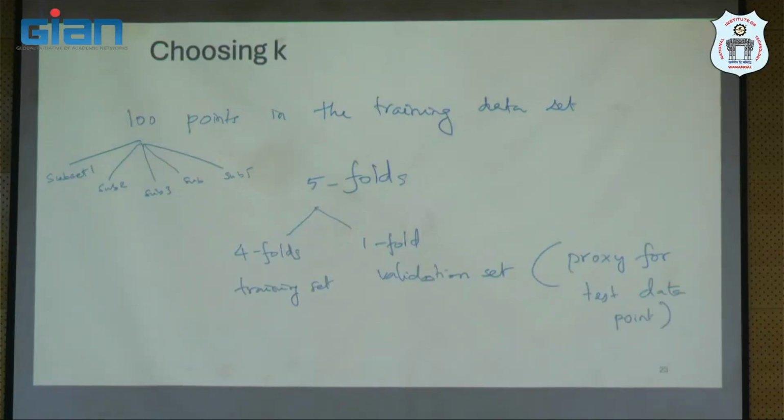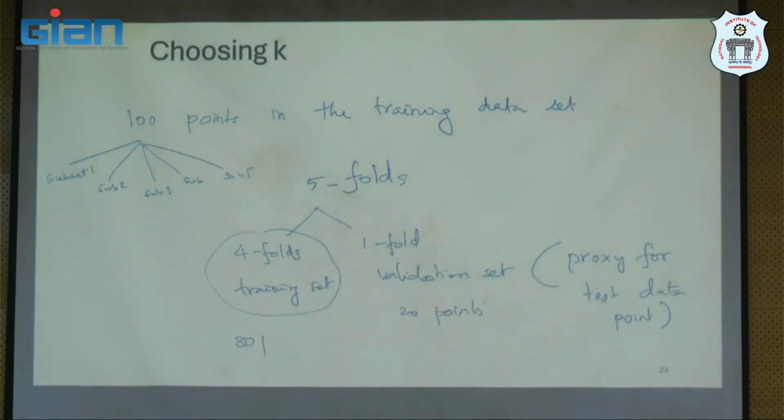So I will use only 4 folds as training data. I will use a data point from this 5th subset and consider that as a test point. I will use k equal to 1. I will calculate the accuracy of prediction. Okay, so let me explain this. There are 20 points in this set.